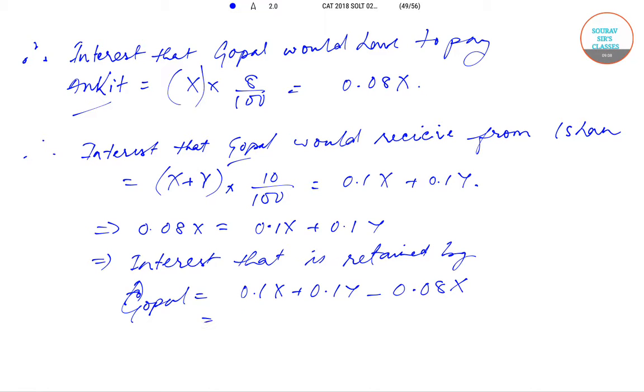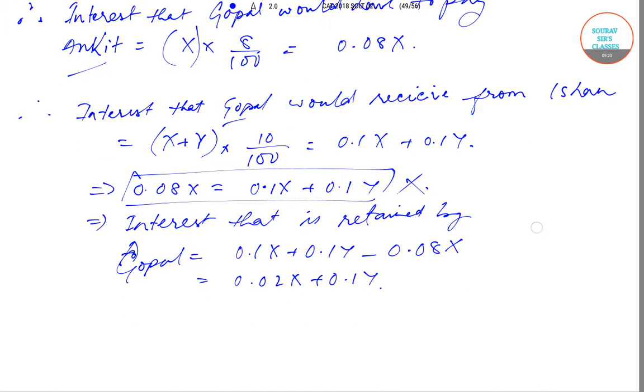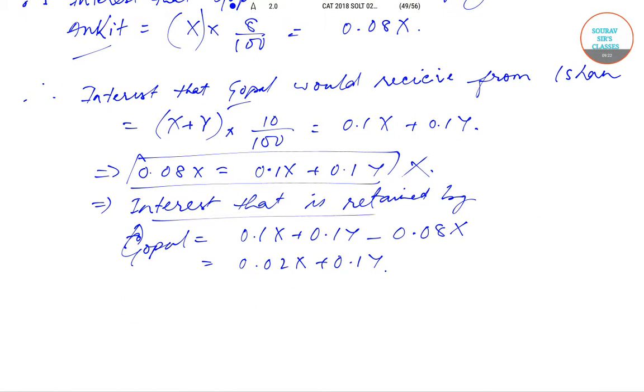So this is the amount, and this amount is equal to 0.02x plus 0.1y. The statement where I said that 0.08x is equal to the interest which Gopal received is not entirely correct, but the statement was that the interest that is retained by Gopal is equal to the interest that Ankit receives.